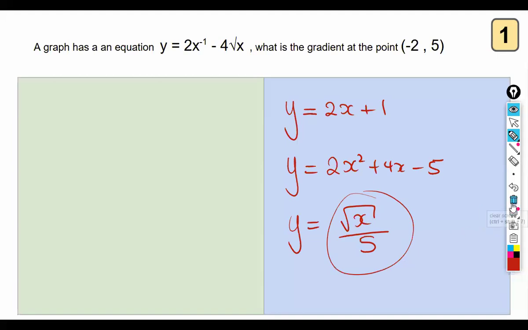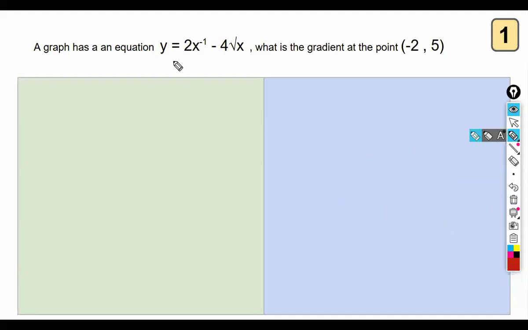Some graphs are easy to draw, and some graphs are what? Hard to draw. Quick question. Do you think you know how this graph would look, even instinctively? Do you know how this graph would look if you had to draw that on graph paper? Look at that crazy equation: 2x to the power minus 1 minus 4 square root of x.